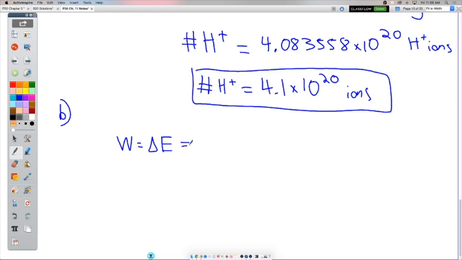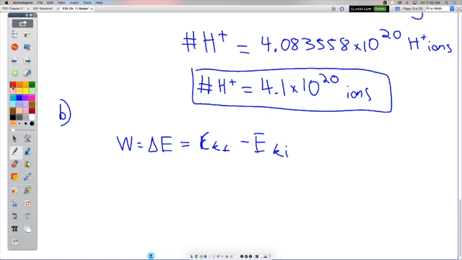Well, we can use the fact that EKF minus EKI. Okay, and sorry, I should mention, why am I not just using the same number as before with the one hydrogen ion? Because it's saying how much work is done on all of the hydrogen gas. So we're going to use the total mass of the hydrogen ions, with the fact that we know the velocity they've gained, to get the total change in kinetic energy.